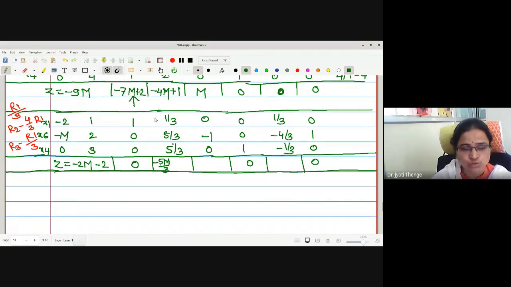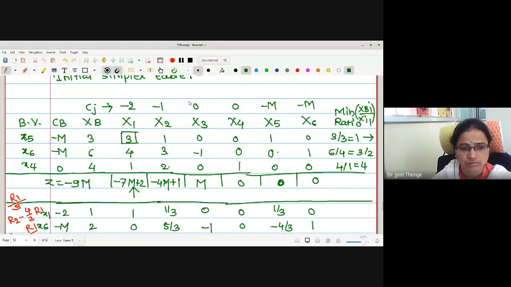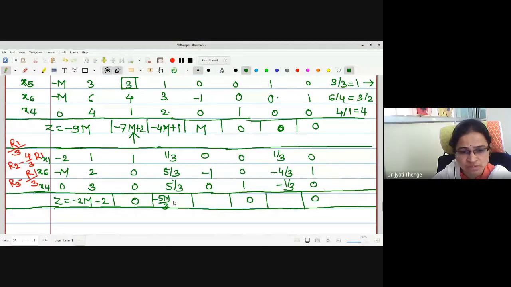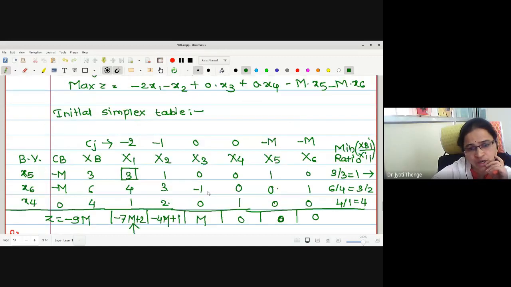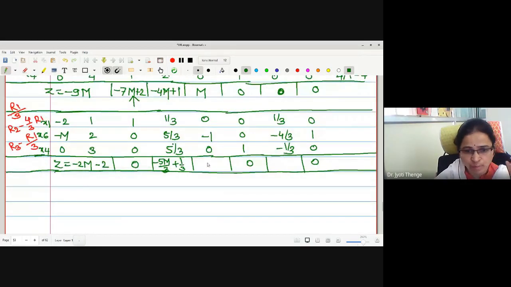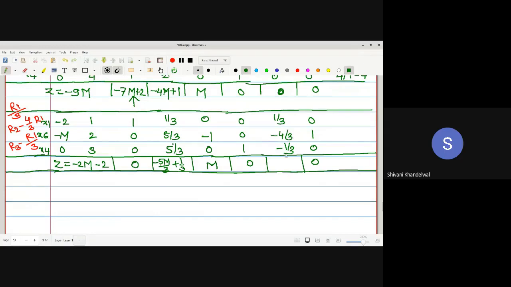This is minus 2 by 3 plus 1. Is it plus 1 by 3? Yes, ma'am. Second, delta 3: minus 2, 0, 0, minus m, plus m, 0, 0, 0, minus 0. Therefore, is it m only? Yes, ma'am.